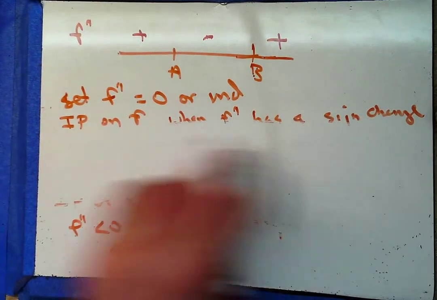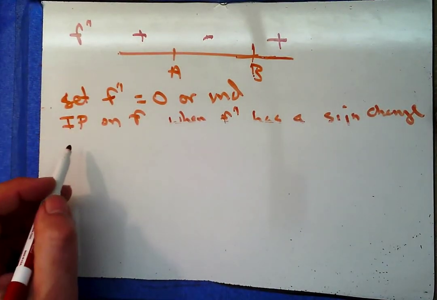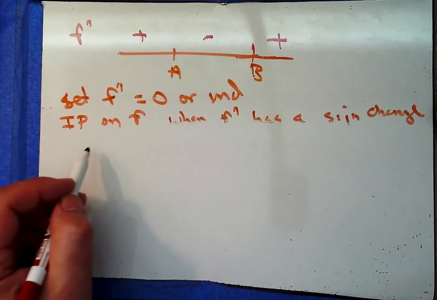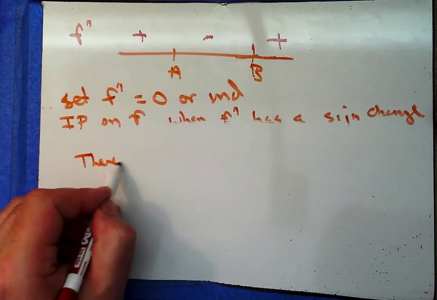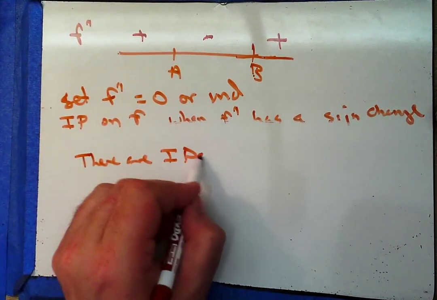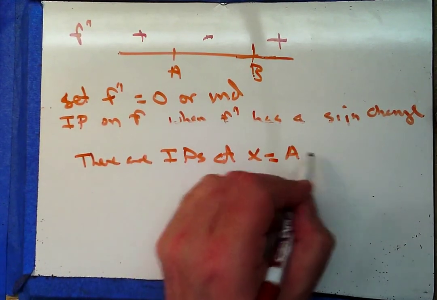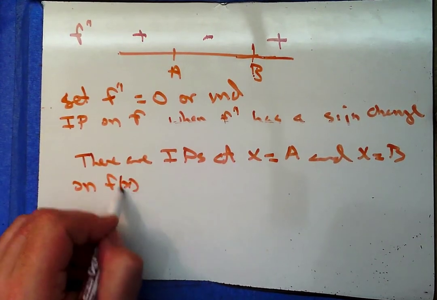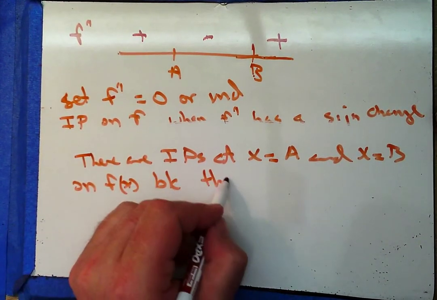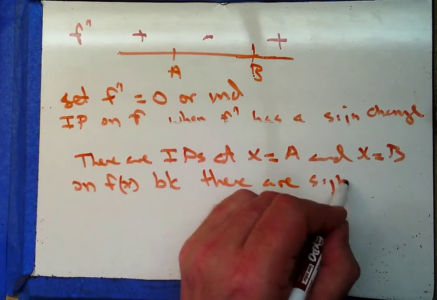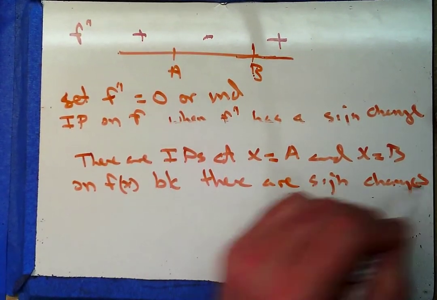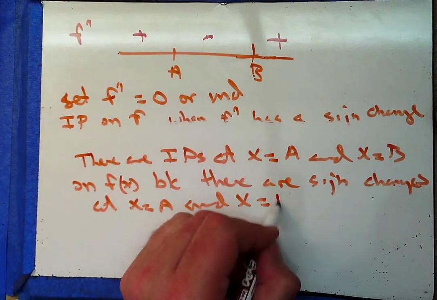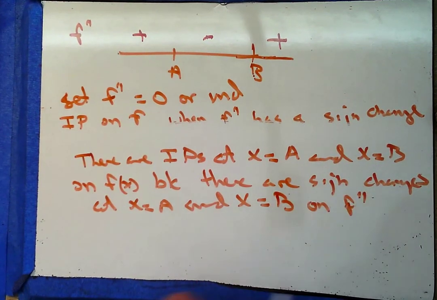I will also say most years you can get away with, not all years that I've been reading, but most years you can get away with, there are inflection points at x equals A and x equals B on f of x, because there are sign changes at x equals A and x equals B on f double prime.